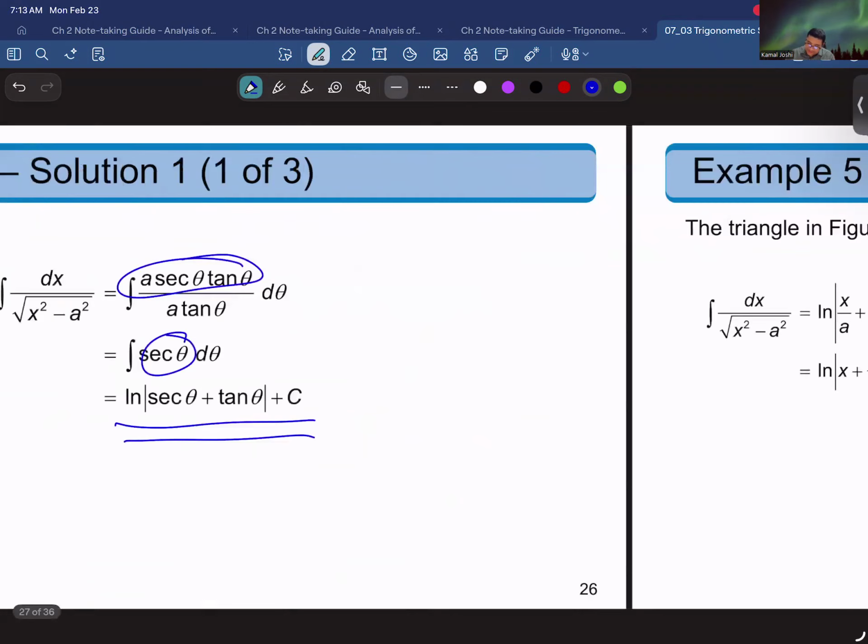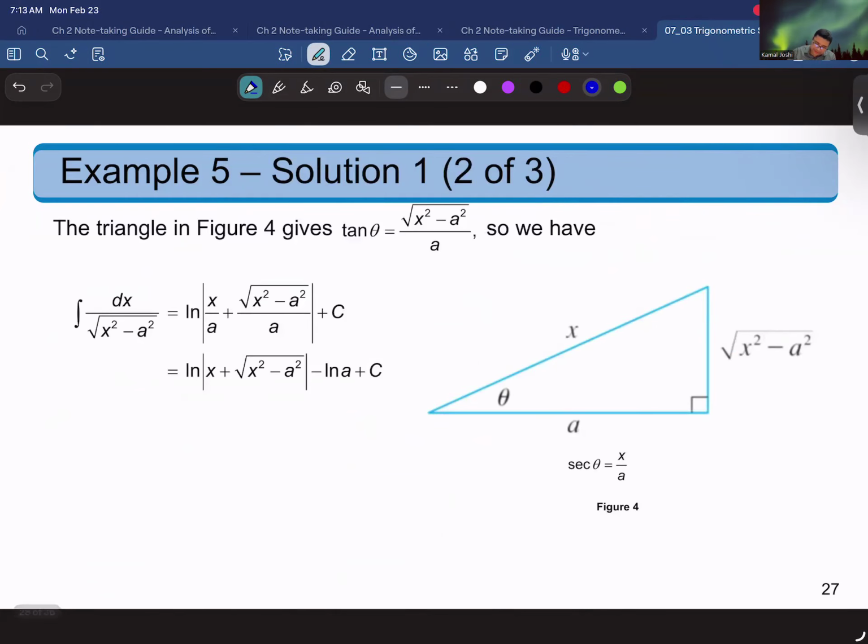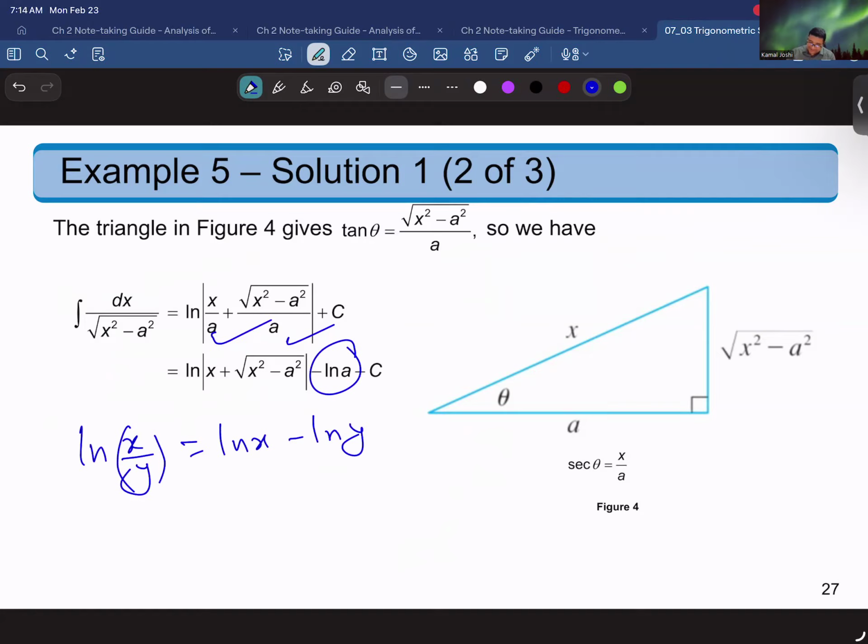And once you do that, now you have to write that using the triangle, sec theta plus tan theta. And if you take a as common denominator and use the logarithmic identity, ln x over y is what? Ln x minus ln y, right? You get minus ln a, but ln a is a constant.